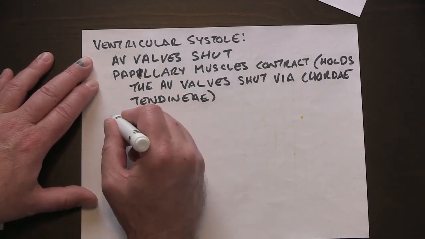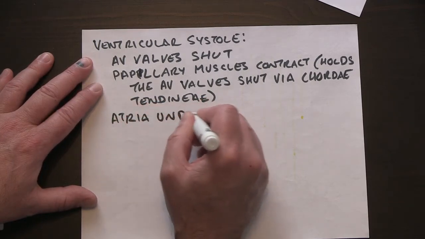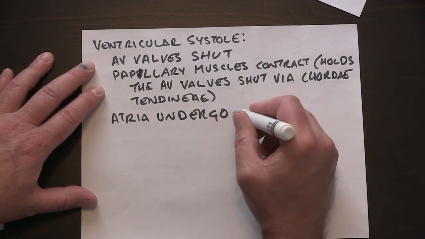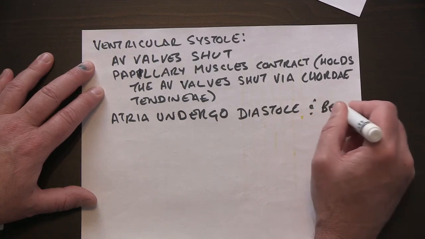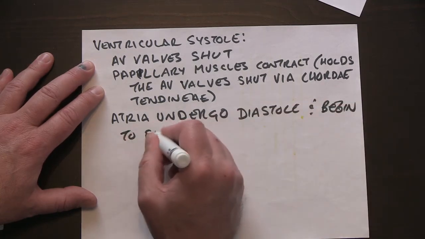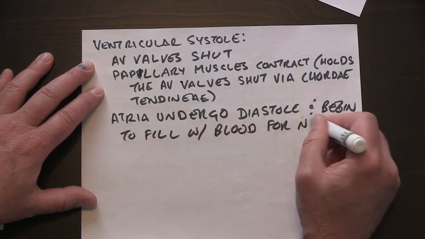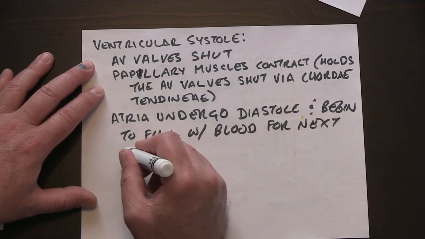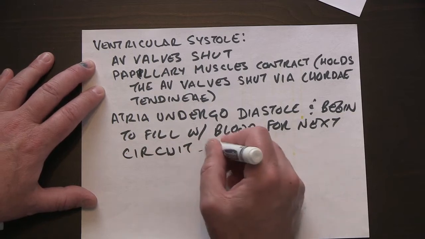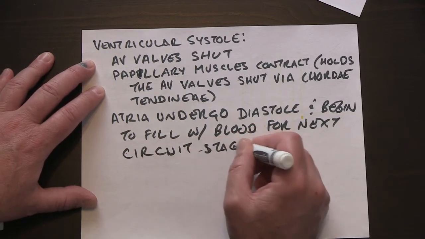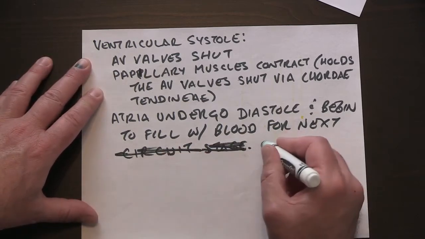At the same time, the atria are going through diastole, and then they begin to fill with blood for the next cycle.